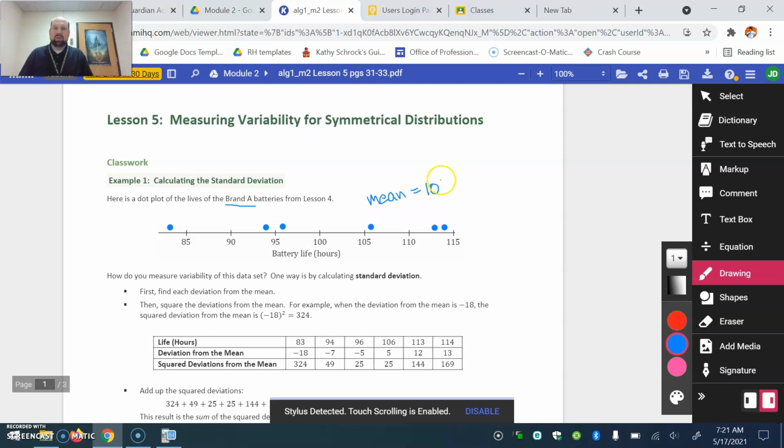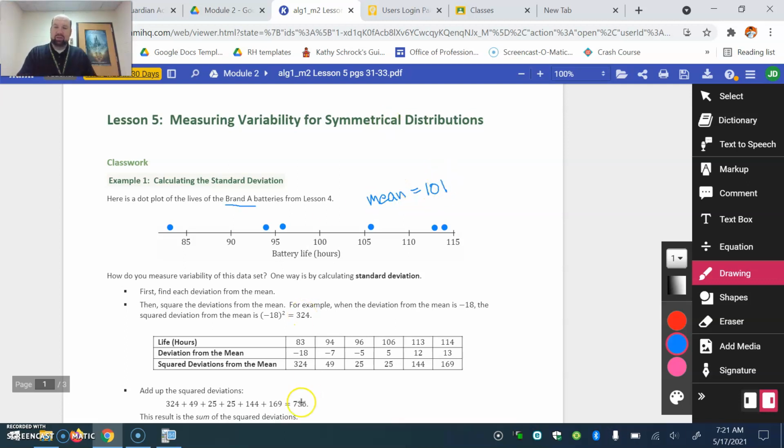You could simply find that by adding up these values, 83, 94, 96, 106, 113, and 114, and then divide by how many there are. There's 6 of them. All right, so we're going to find the deviation from that, which is already done in this table here for us.